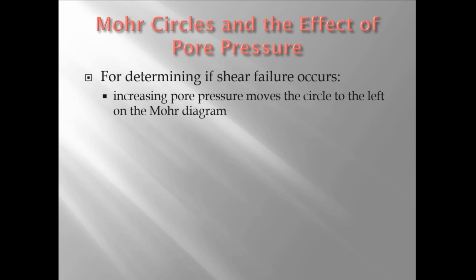In a Mohr circle, what this means is your circle is just going to slide to the left. The left-hand side of that failure envelope is always lower than the right-hand side. It's got a positive slope. So if you take your circle and you slide it left, you're moving closer and closer to that failure envelope.